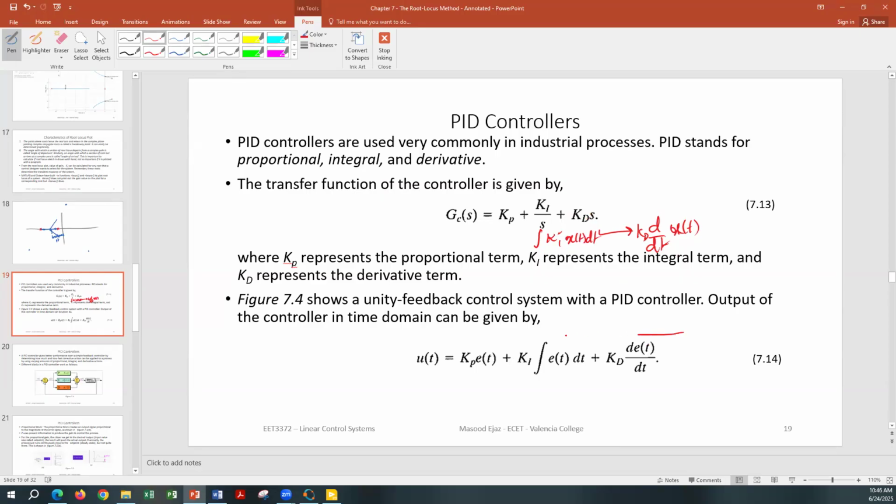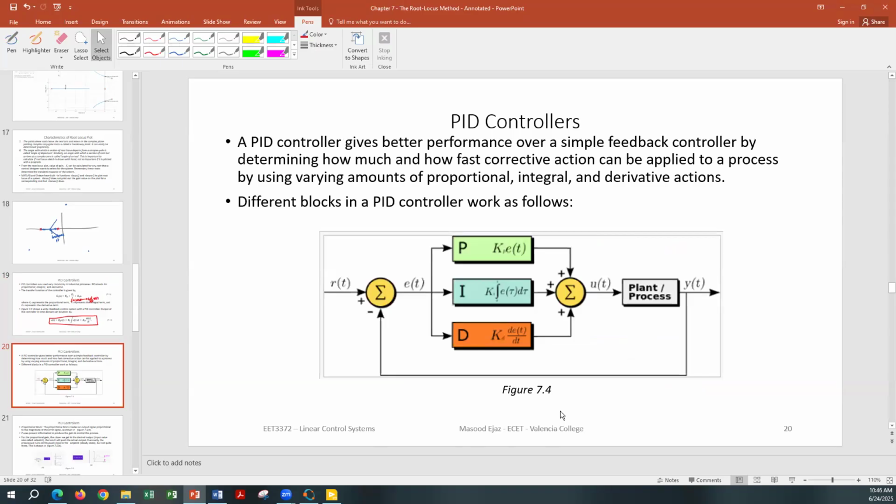So right here, it's actually shown. Kp represents the proportional gain, Ki represents the integral gain, and Kd represents the derivative gain. In figure 7.4 right here, you can see that is your controller with three paths: proportional path, integral path, and differential path.